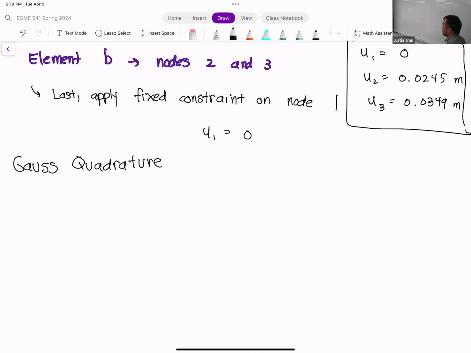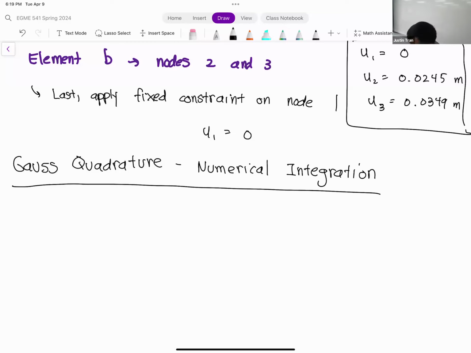Gauss quadrature belongs to a family of methods known as numerical integration. And what you'll see is that Gauss quadrature is going to be a really important tool for us.